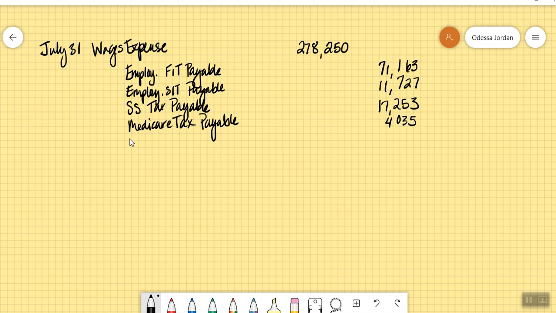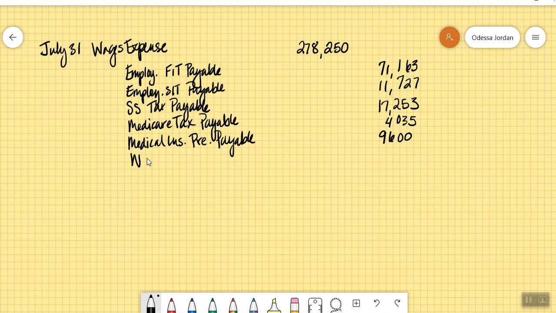$4,035. Then they told us about the medical insurance premium payable. So that's what they take out of all of their employees' checks for their contribution to the healthcare plan.